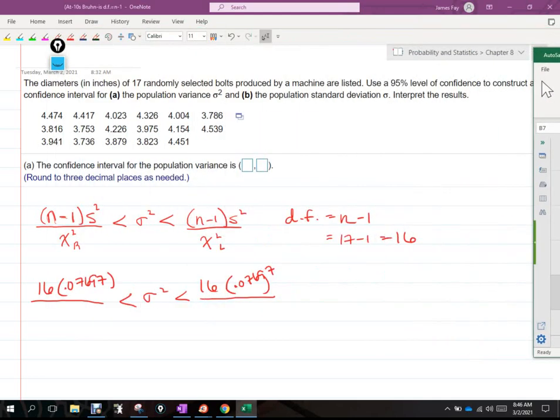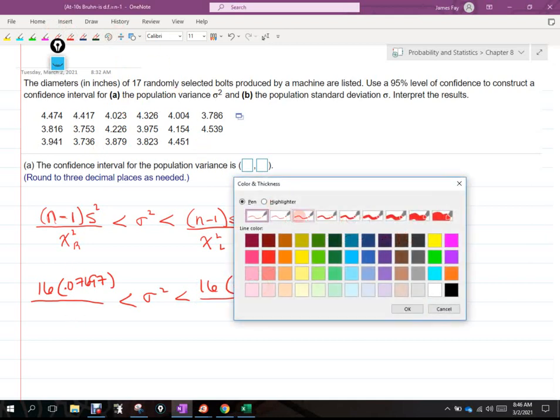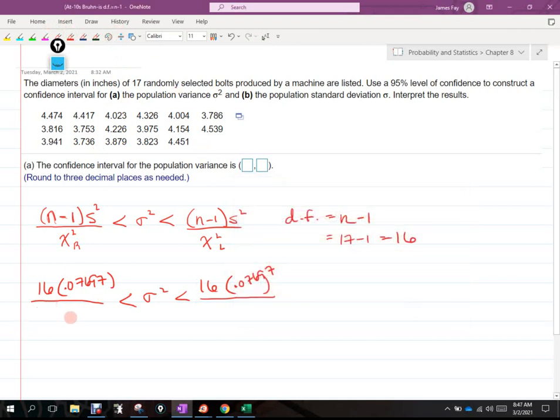Which one should go here? The 28 one. Okay, that quotient needs to be the smallest value. So in order to gain that, I need the largest denominator. So this value is going to be 28.8454.